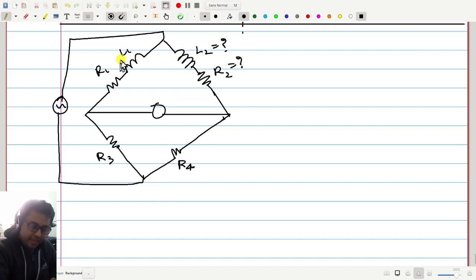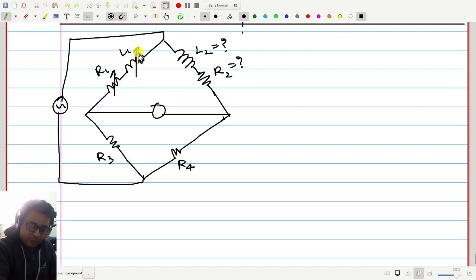So now you have to adjust this. In laboratory you have to adjust these two. You may also need to adjust these two. But for simplicity, let's assume that we have kept these two fixed and we are adjusting these two to get the balance. How will we do this in laboratory? We may first choose one particular value of R1 and then change only L1.